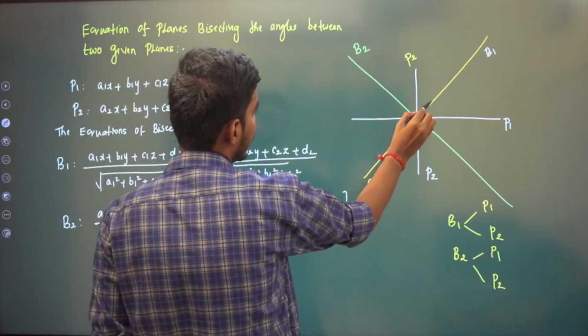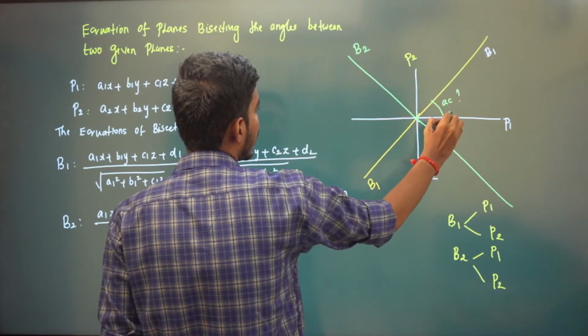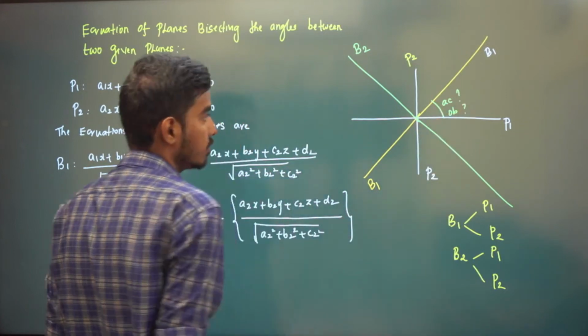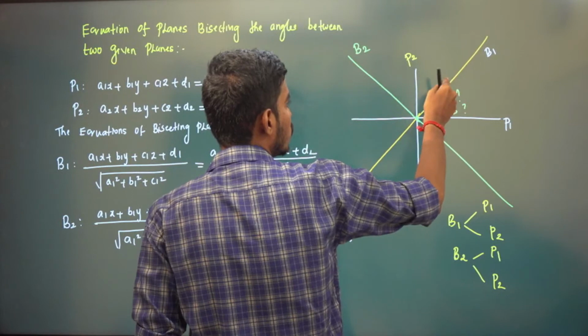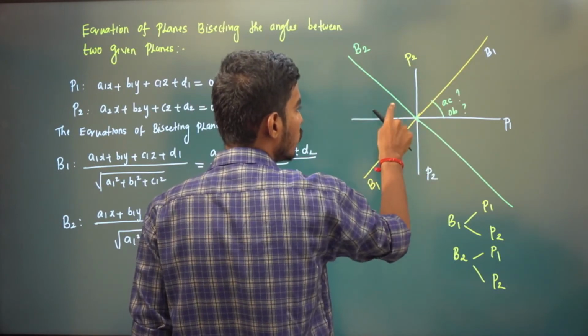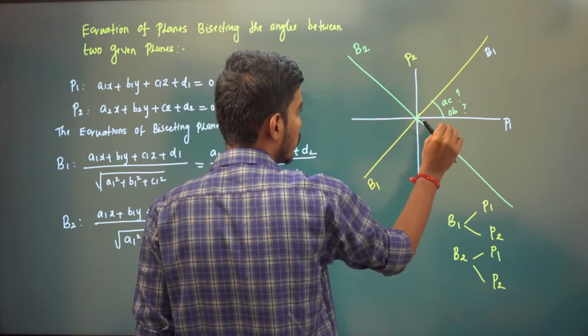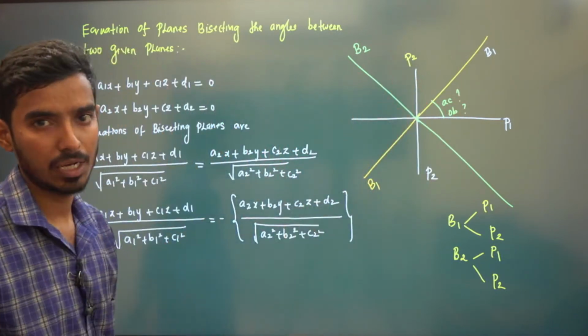Now this is the angle between B1 and P1. Now this is whether acute or obtuse, we don't know. So how to find, right? And similarly, B1 with P2, acute or obtuse, we don't know. And similarly, B2 with P1, acute or obtuse, we don't know. And B2 with P2. So we have four possible combinations.